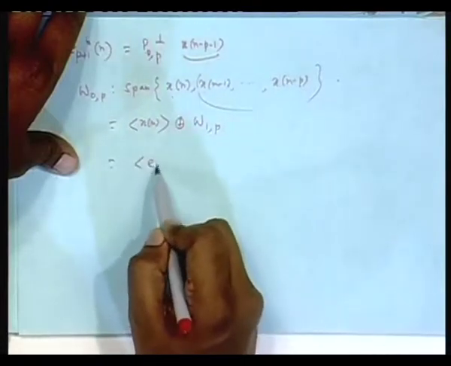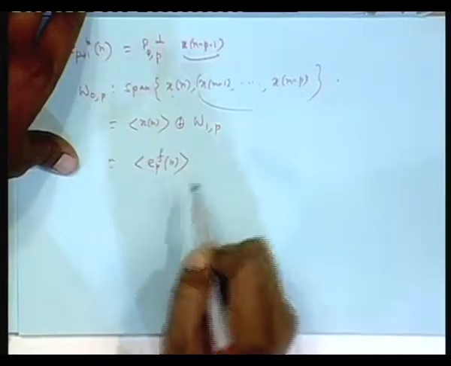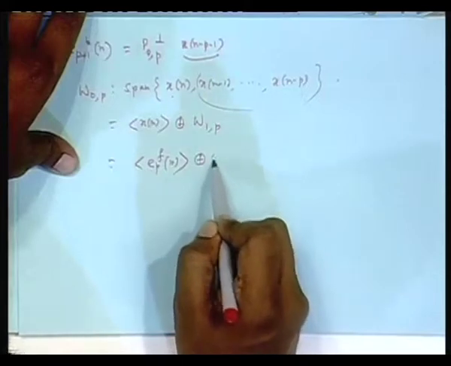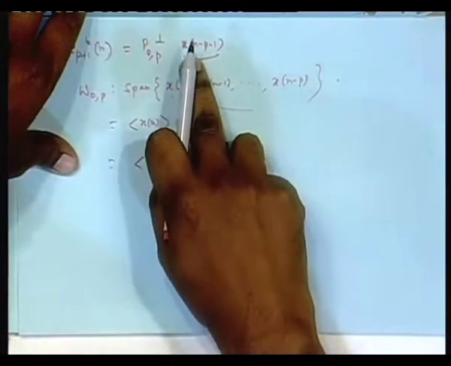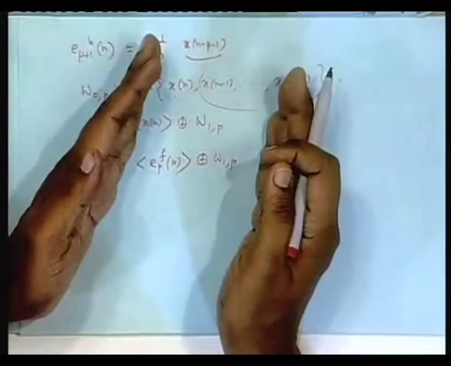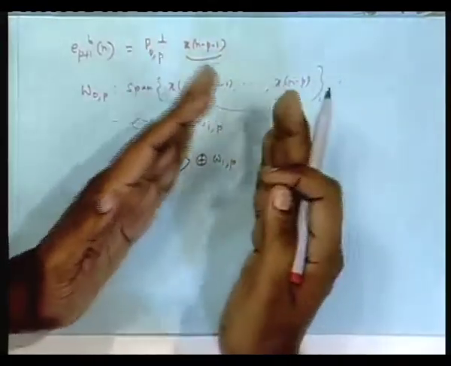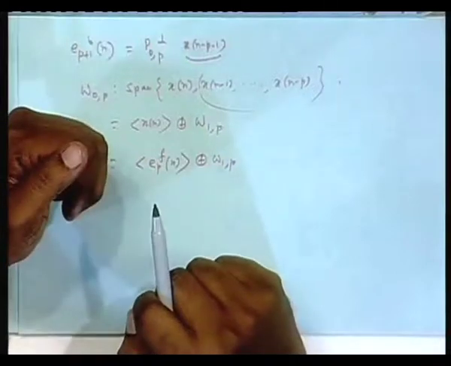Now this fellow is to be projected on this together. That means on this plus this, because it is an orthogonal decomposition.